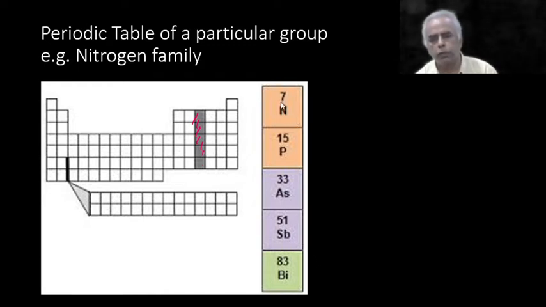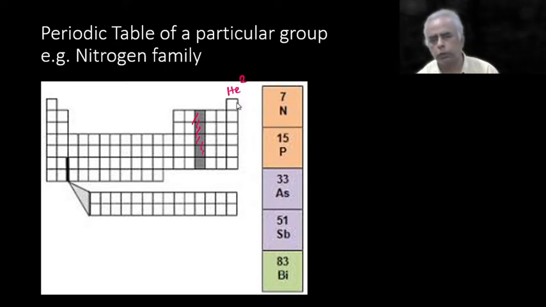For instance, in the last column you have helium, neon. So helium, here it is helium. Its atomic number is 2. Now you can add 8 because it has come across 8: 2 s orbital and 6 p orbital.